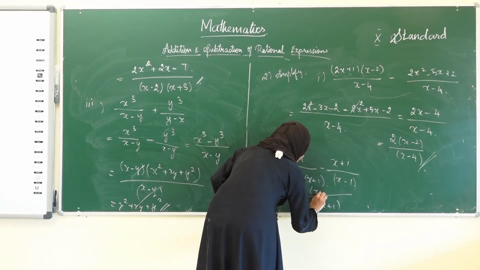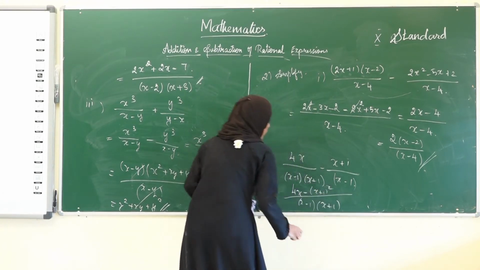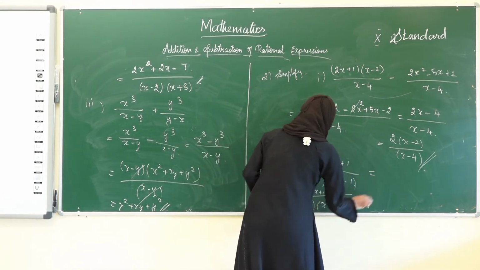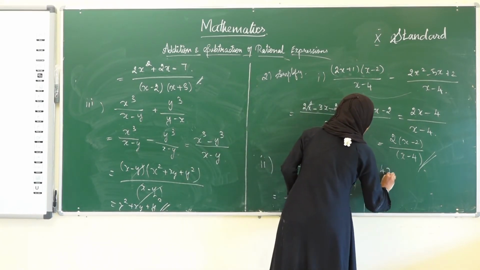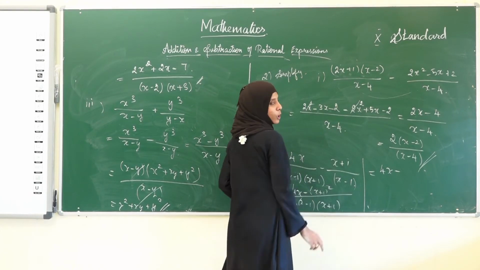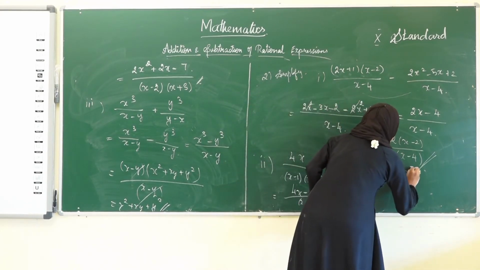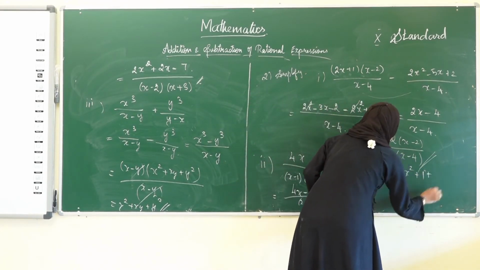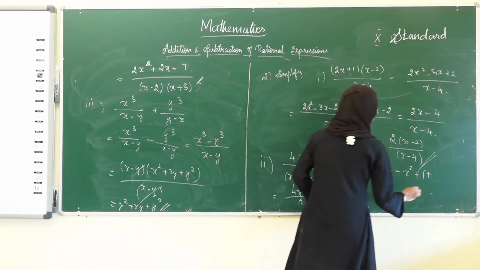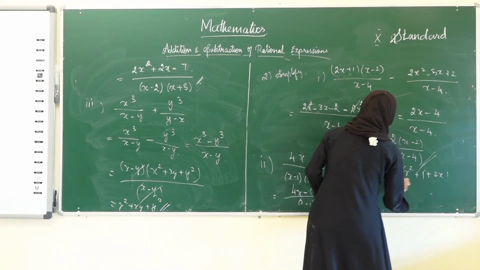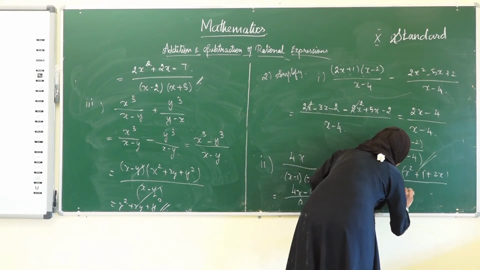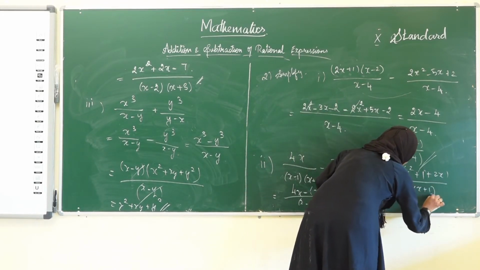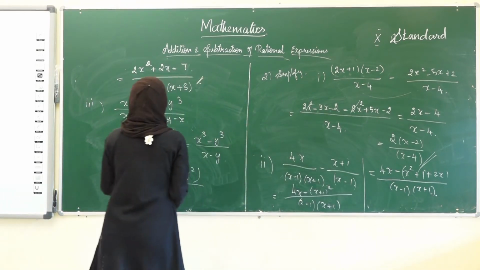Therefore, x plus 1 into x plus 1 is x plus 1 the whole square, which is equal to 4x minus x plus 1 the whole square, that is x square plus 1 square plus 2 into x. The minus is common for these three terms, divided by x minus 1 into x plus 1.